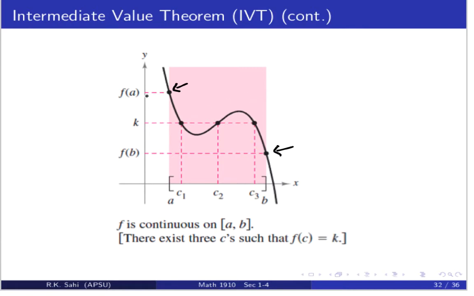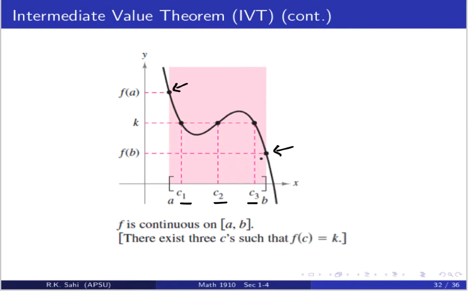Then, the third thing was there's a value in between f of a and f of b, k, such that we will be able to find some value. This is at least one c. So here we end up getting three c's, c1, c2, c3, such that f of c1 is k, f of c2 is k, and f of c3 is k.